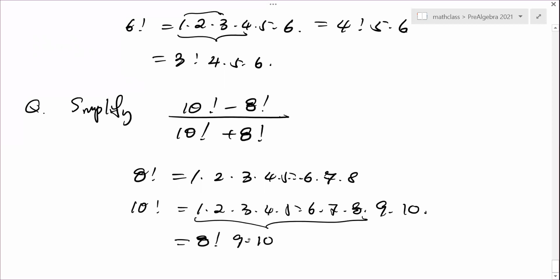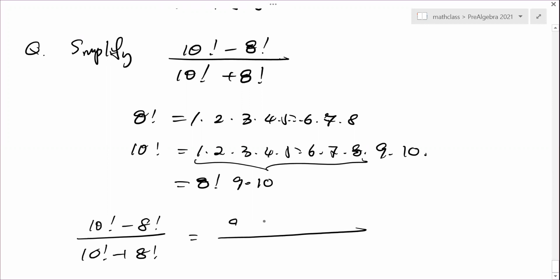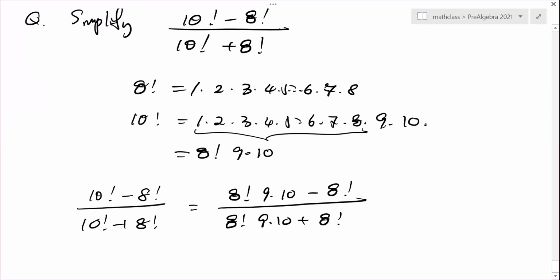Okay, so using this, the fraction can be written as 8 factorial times 9 times 10, minus 8 factorial, over 8 factorial times 9 times 10 plus 8 factorial. You don't need to know the exact value of 8 factorial. 8 factorial is some kind of number.